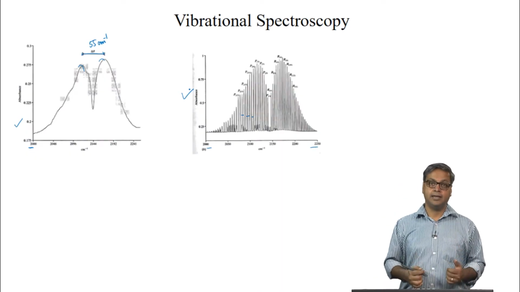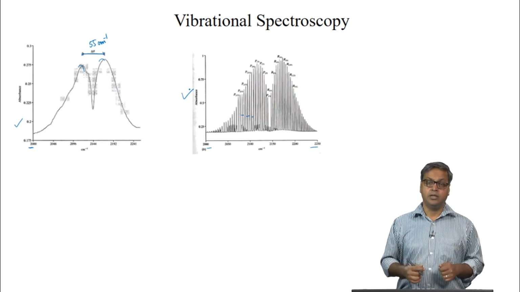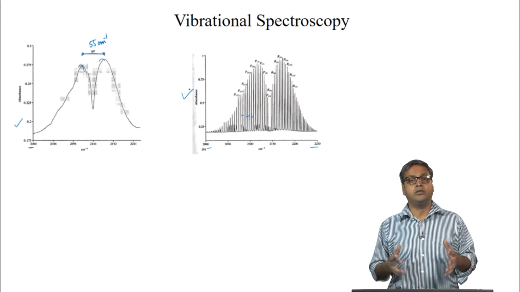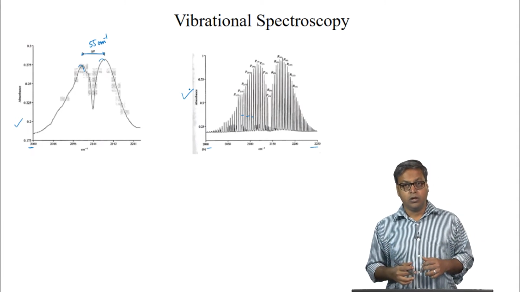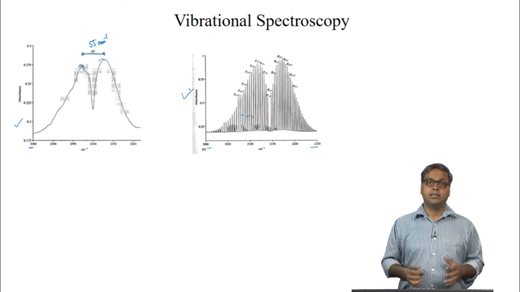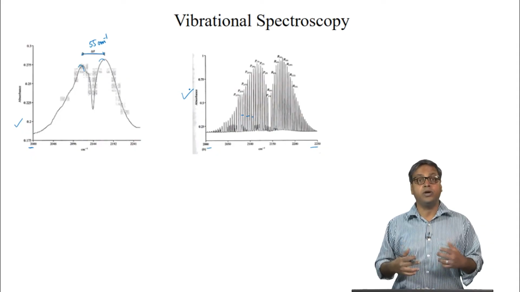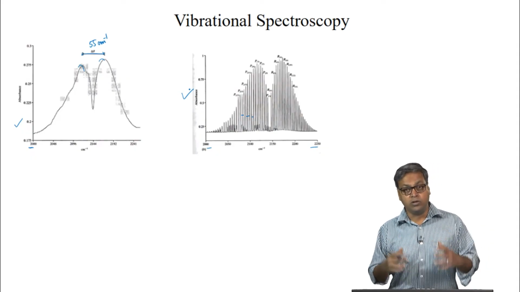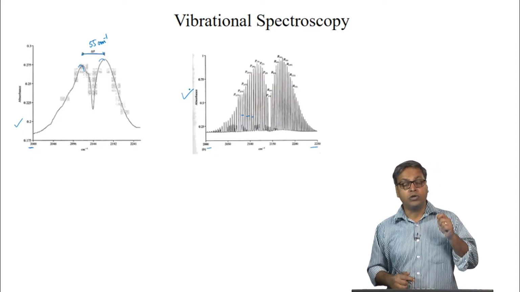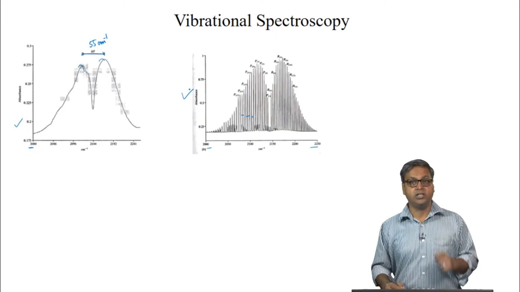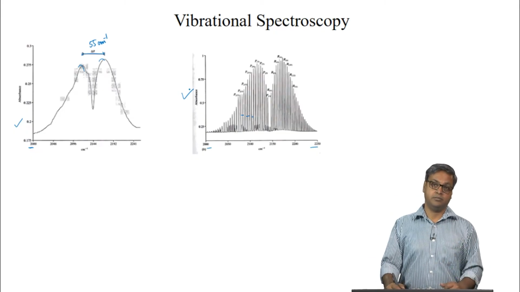We can guess that this structure is due to the rotational structure of the molecule. So, we can think that the molecules are not only vibrating, but they are rotating as well. The molecules do have rotational energy in addition to the vibrational energy.